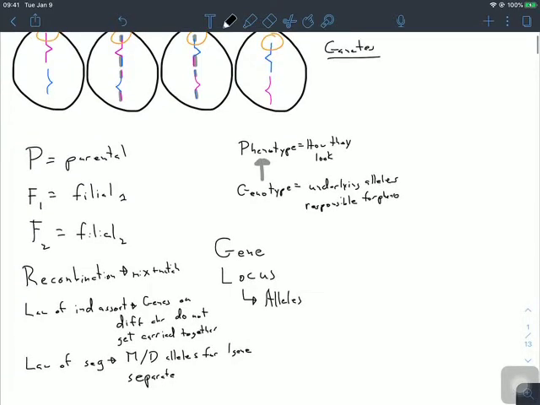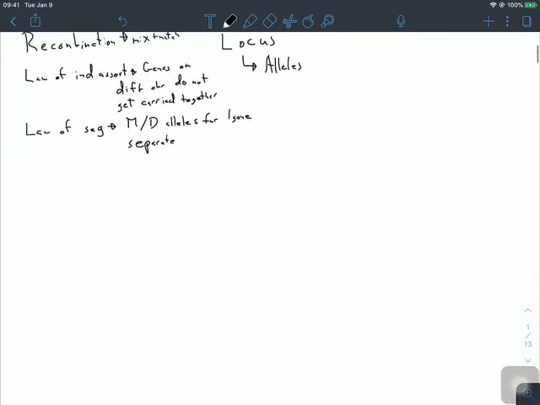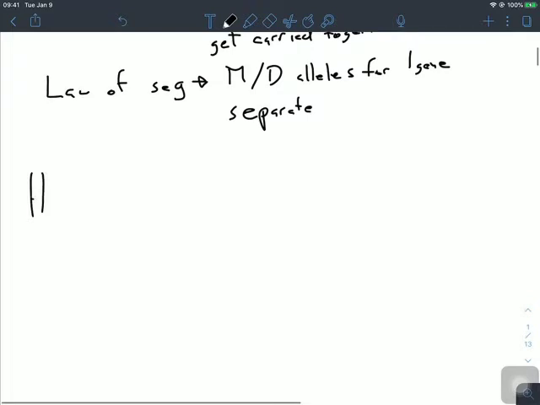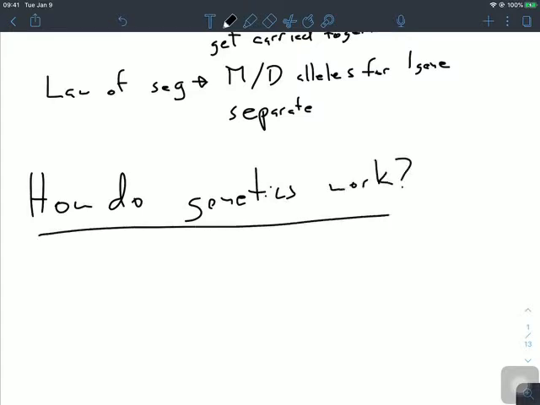But I always like to start this section with a bit of understanding of how do genetics work? What's the basic idea of how alleles interact?